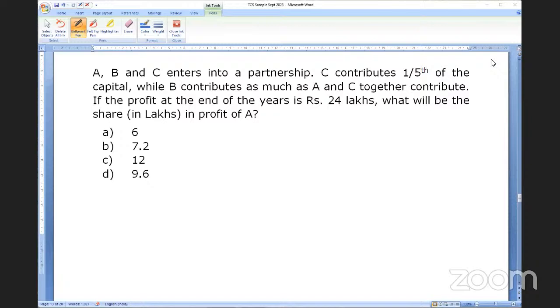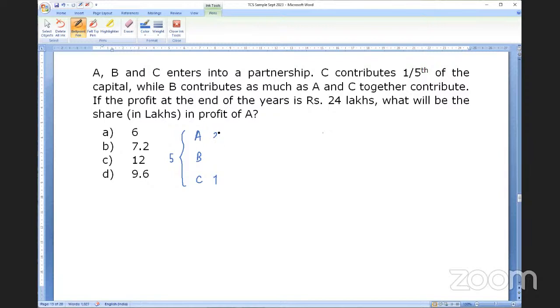Okay, let's check. A, B, and C enter into partnership. C contributes 1/5 of the capital. Suppose the total capital of A, B, and C is 5, then the capital of C should be 1. While B contributes as much as A and C together contribute.